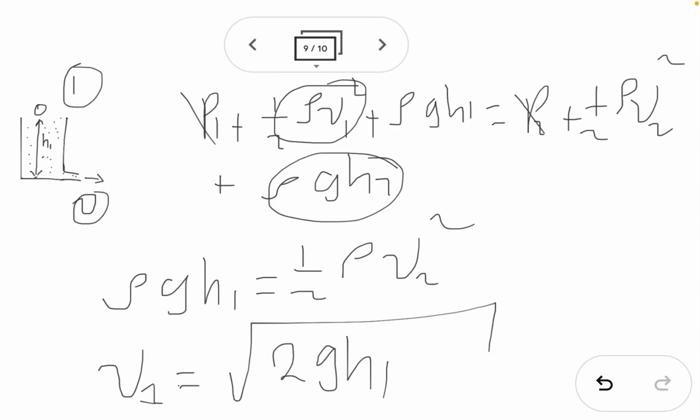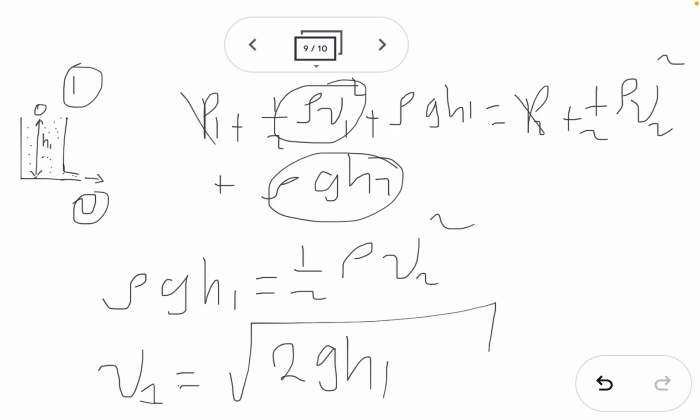So we assume the speed is 0 before the valve is opened. And because the smaller opening is right at the bottom, the reference height is going to be 0 as well. But the height of the fluid in the tank is the h1 that we will be given.